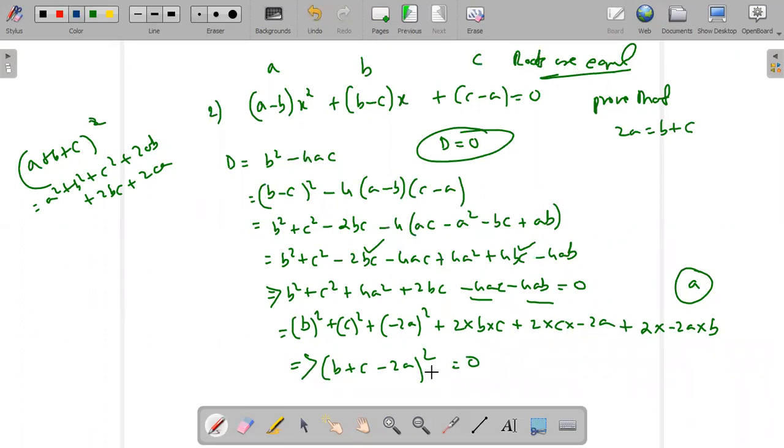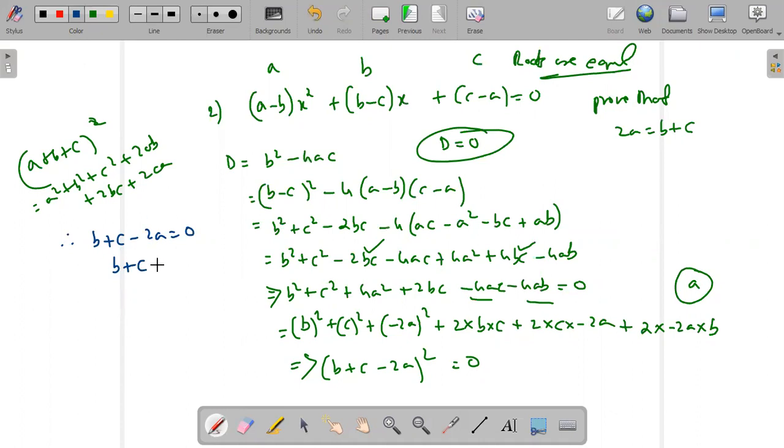Now if b plus c minus 2a whole square is 0, if the square of a number is 0, that means the number itself is 0, because there can be no number whose square is 0 unless the number itself is 0. So therefore, we can say that b plus c minus 2a is 0.